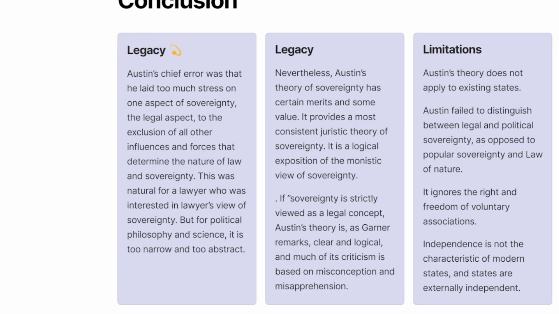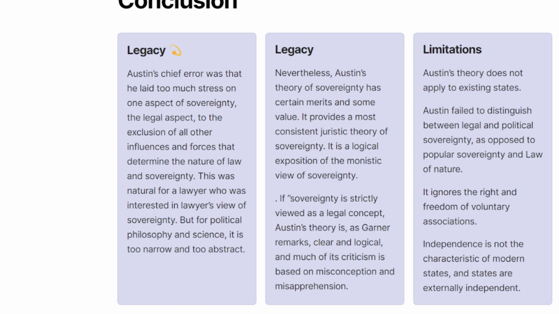So what is the conclusion of Austin's theory of sovereignty? Austin's chief error was that he laid too much stress on one aspect of sovereignty, the legal aspect, right? And he excluded all other influences and forces that determine the nature of law and sovereignty.